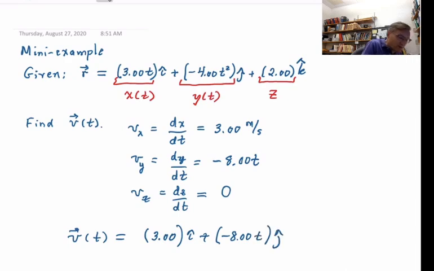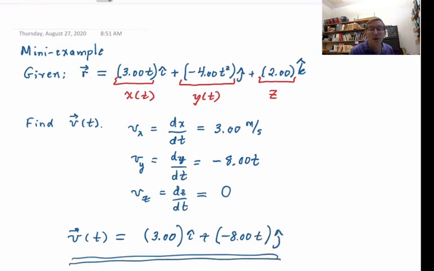And mark your answer. There's the velocity as a function of time. You tell me the value of t you're interested in, I will plug in and tell you v at that t. Okay? So it's not complicated, you just have to get used to the terminology and the notation. Okay, that is all for this video lecture.